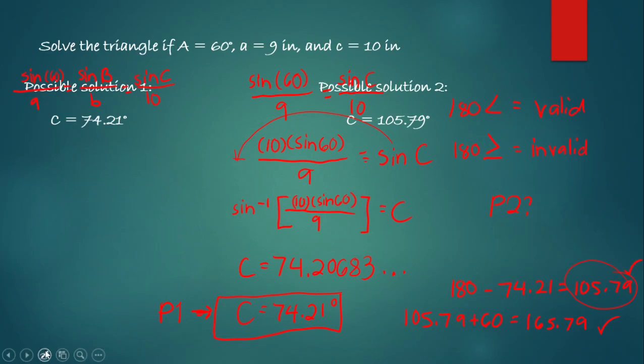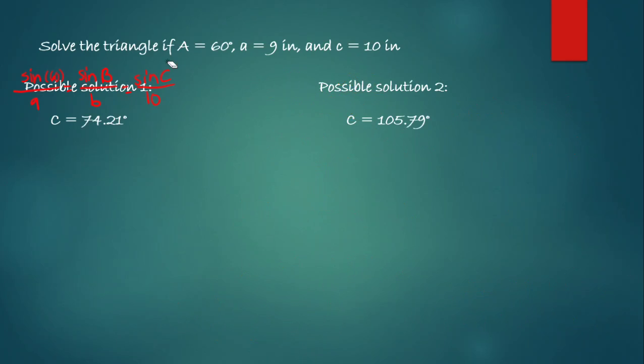So now we're just going to erase everything here. We're going to leave possible solution number 2 for later, and let's first focus on possible solution number 1. Sine B over B and sine 74.21 over 10.